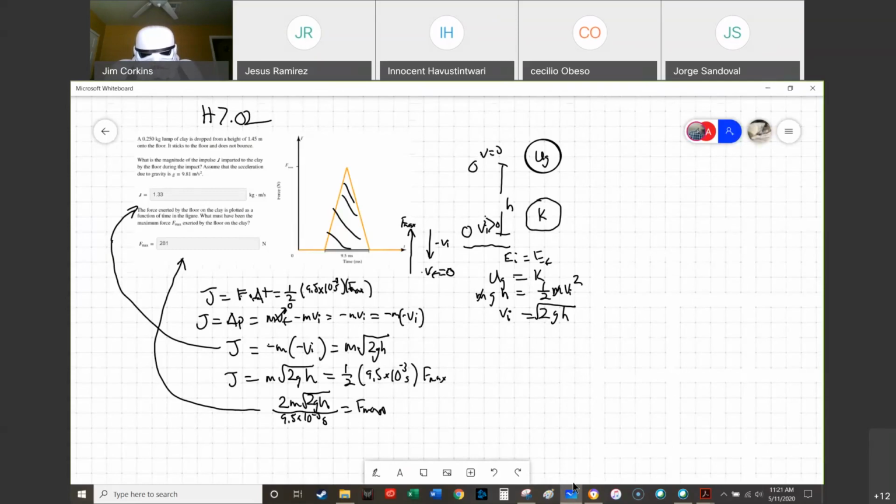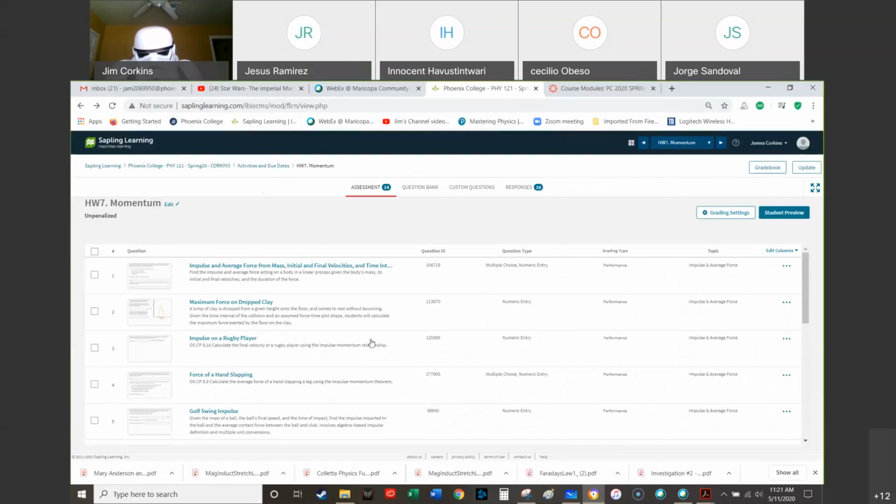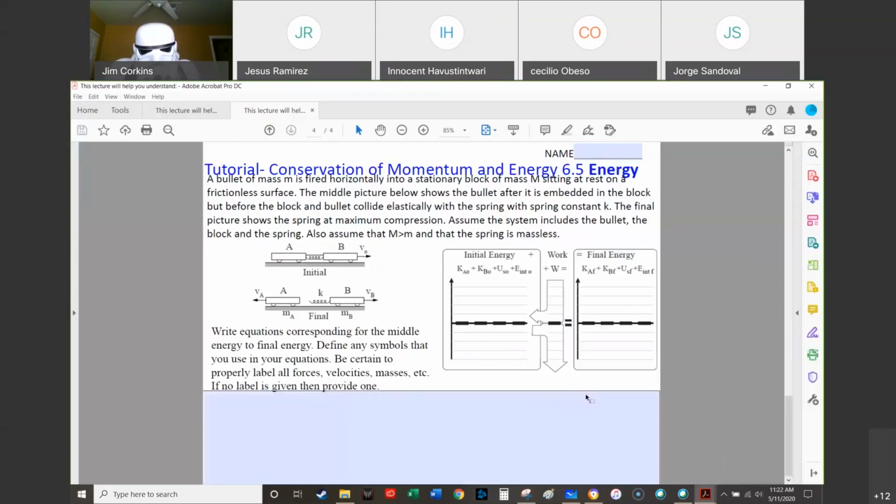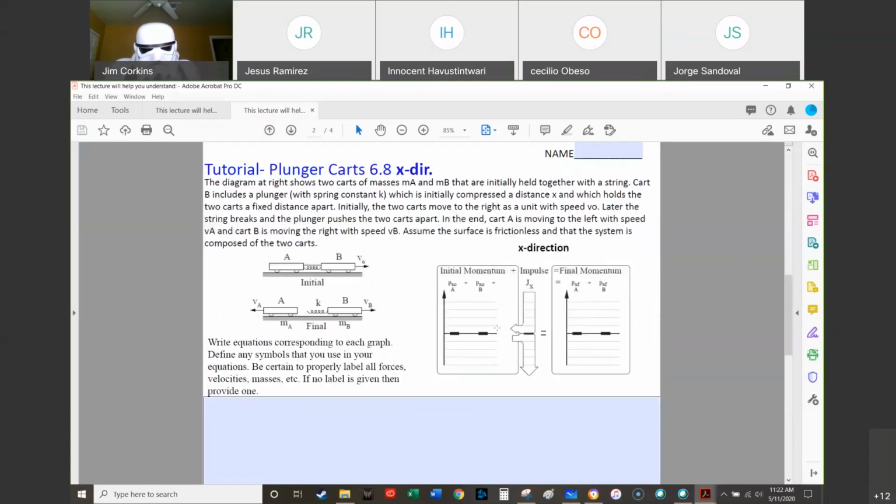Is there any more homework questions? Cecilio asked about one of the energy problems. I could give you a really quick run over the energy problem here, if that's what you'd like.